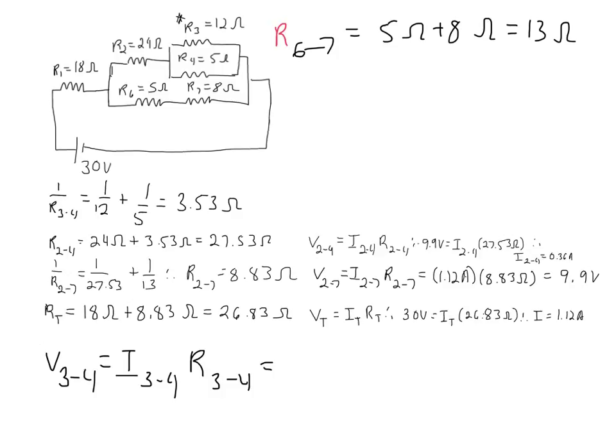If we do that, we get 0.36 amps times 3.53 ohms, and our voltage of 3 through 4 equals 1.27 volts.